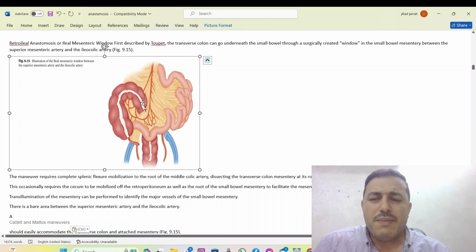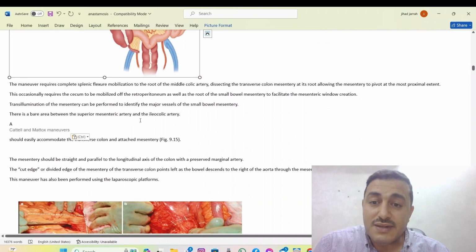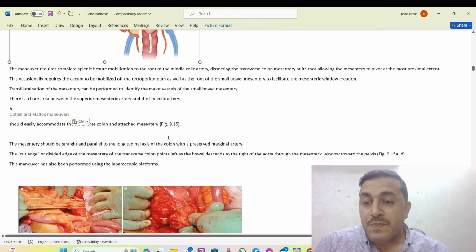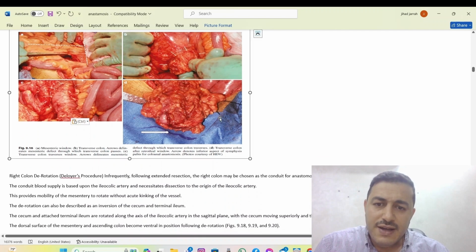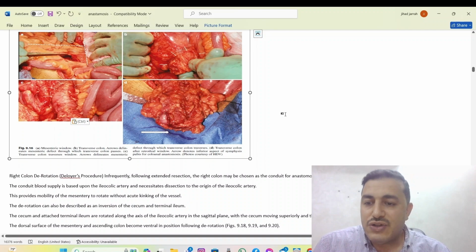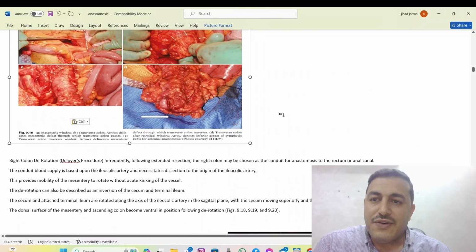This defect should be about 4 to 5 centimeter, and this picture shows you where they create the window, where they bring the colon through the mesenteric defect. I know that it's not extremely clear, but here they mark the pubis symphysis, so the bowel reaches the pubis symphysis, so we can reach the distal bowel in a tension-free manner. This is the first procedure.